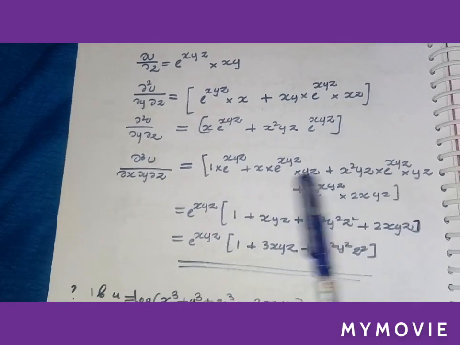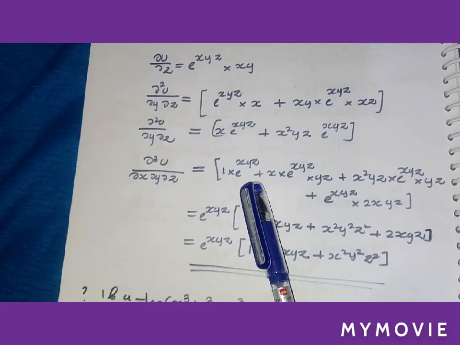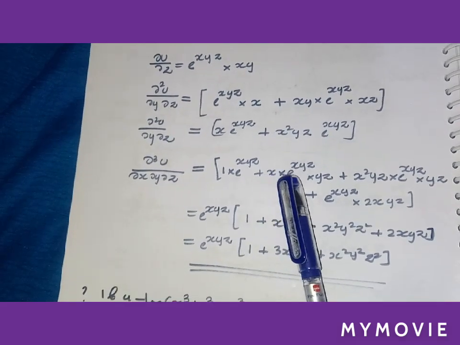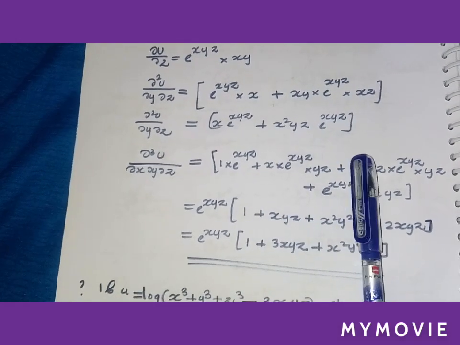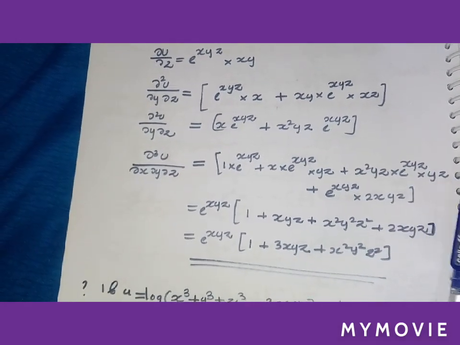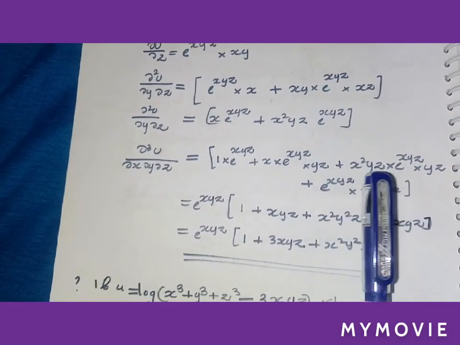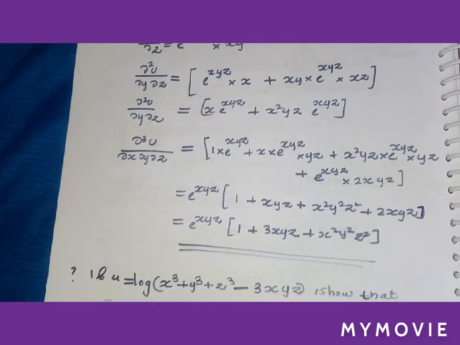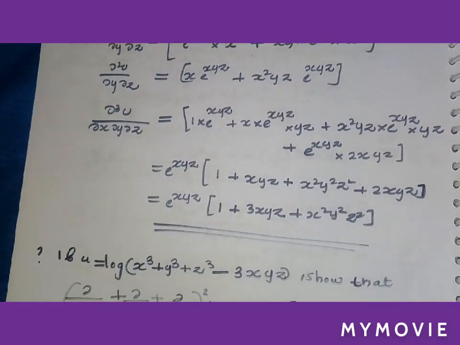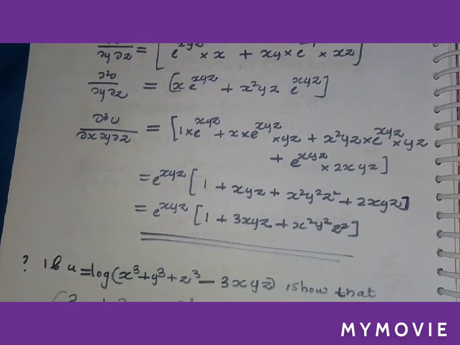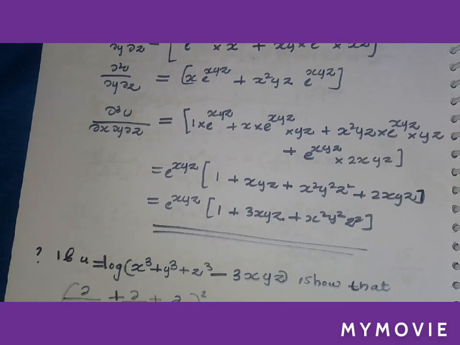So we get four terms here, that is 1 into e raised to xyz plus x into e raised to xyz into yz plus x square yz into e raised to xyz into yz plus e raised to xyz into 2x into yz. We can take e raised to xyz as common, and after simplification we get e raised to xyz into (1 plus 3xyz plus x square y square z square) as the answer.